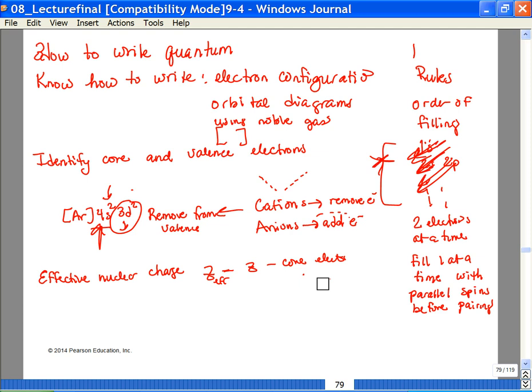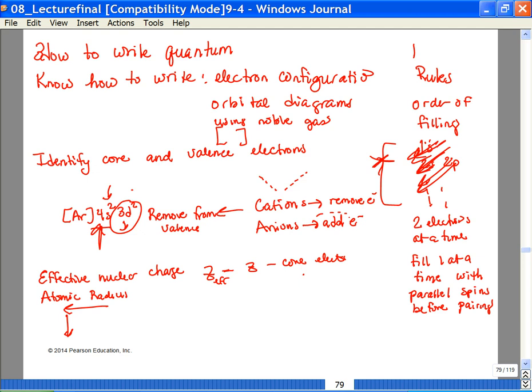And these trends, remember, the arrow is going to be in the direction that the property gets largest. So atomic radius is largest in these directions.